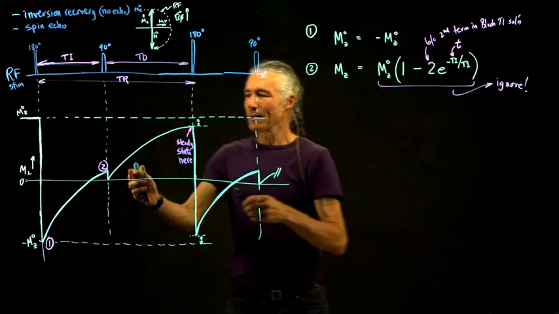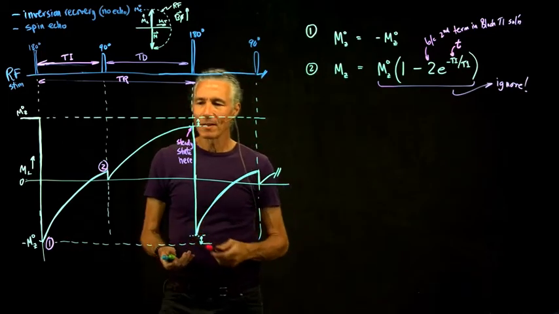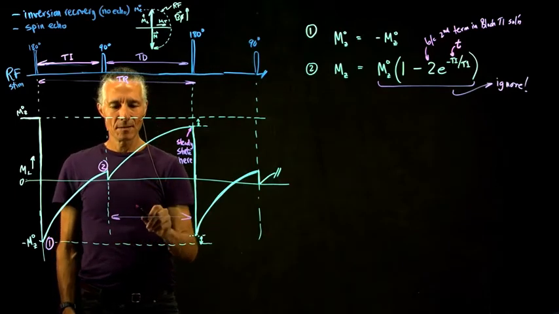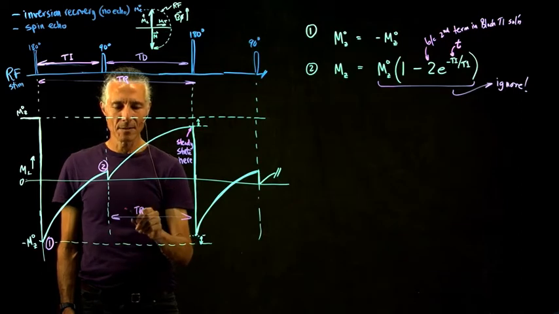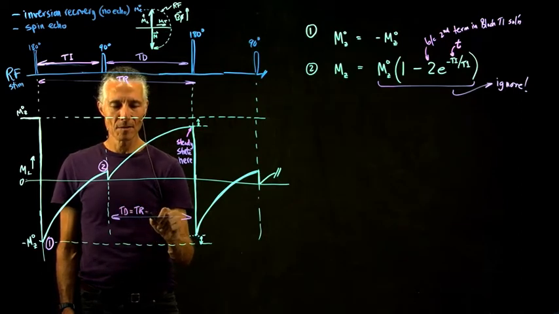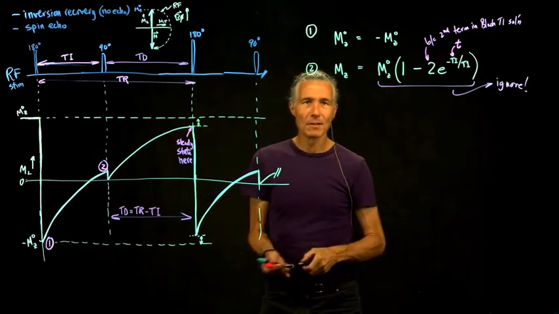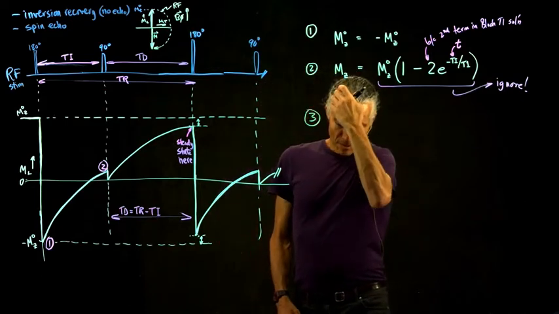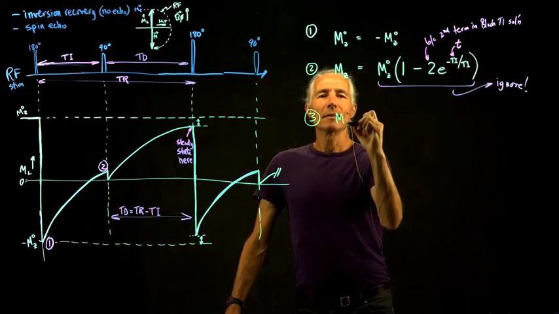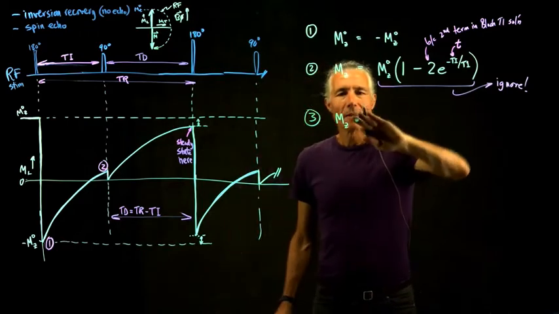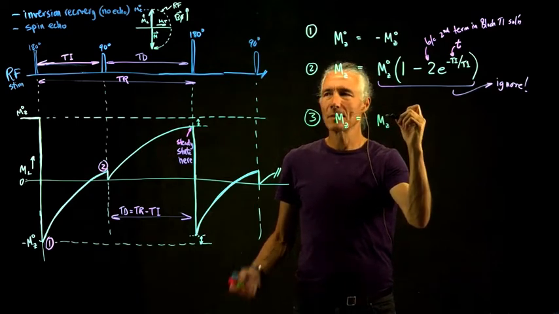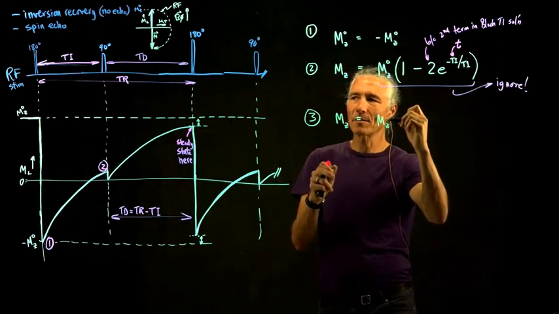Now we have to calculate this amount, and so what is this amount of time? This amount of time is basically TD, but that equals TR minus TI. So now we just need to start from scratch with the Bloch equation T1 solution and write our Mz is now going to equal, there's only the first term because the second term, the Mz0 plus that you're starting with, is 0.